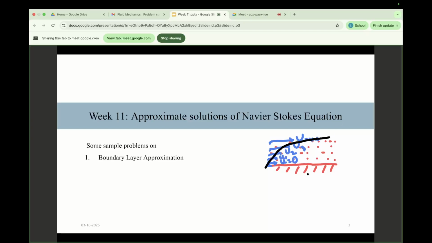Because the fluid particle that is in touch with this surface has zero velocity, and the particle just above it has a velocity slightly more than this, and this goes on increasing until the velocity reaches the free stream velocity. That's why this thin region is known as the boundary layer.